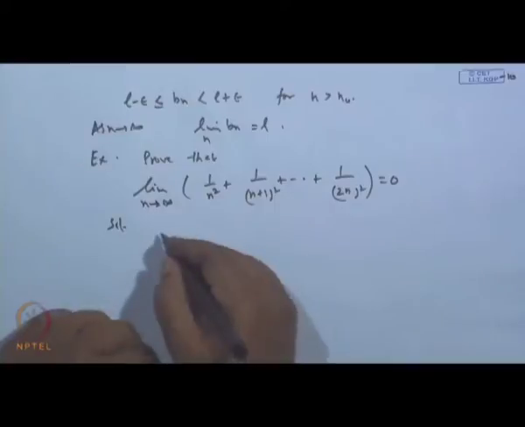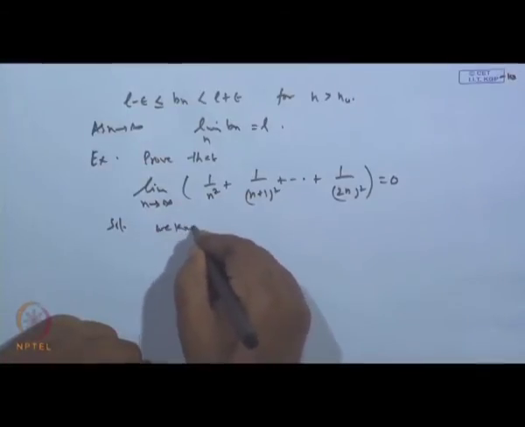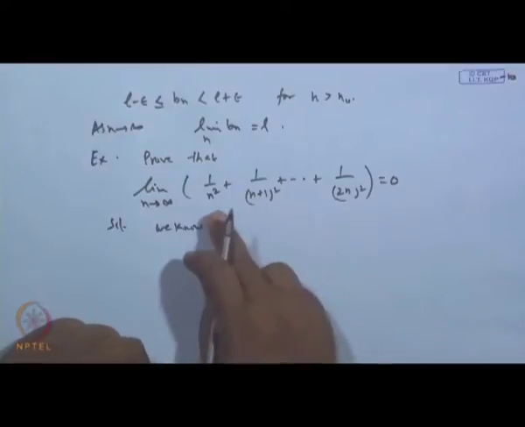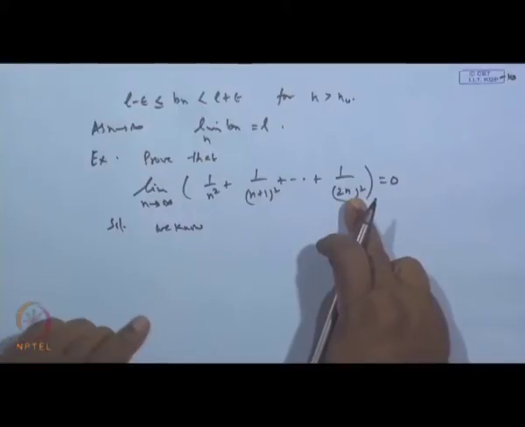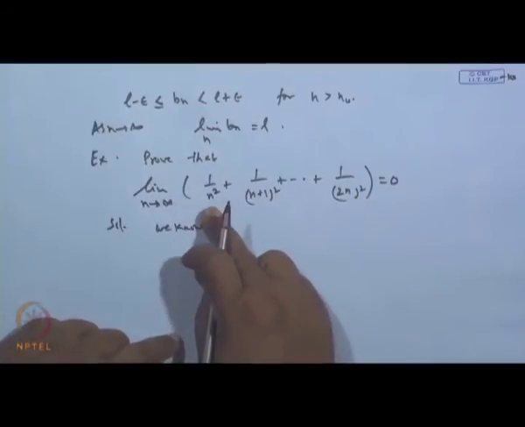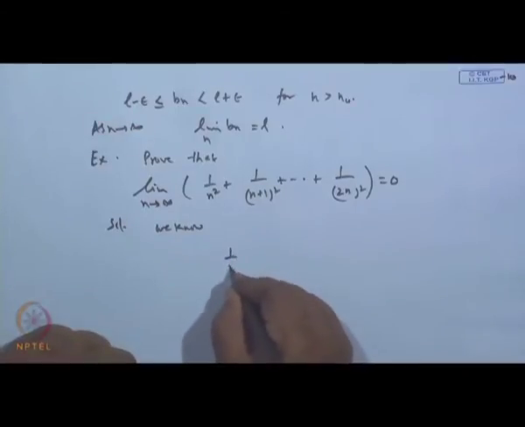So, we know that in 1 by n square, 1 by n plus 1 whole square, and so on, the lowest term is 1 by 2 n square and the largest term is 1 by n square.